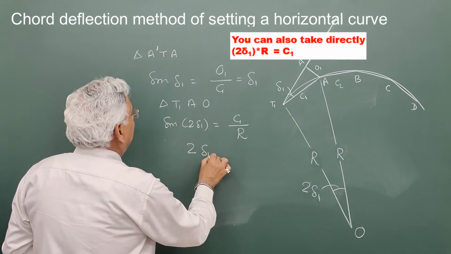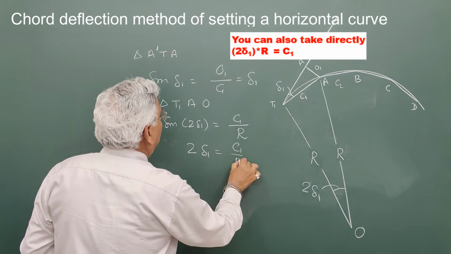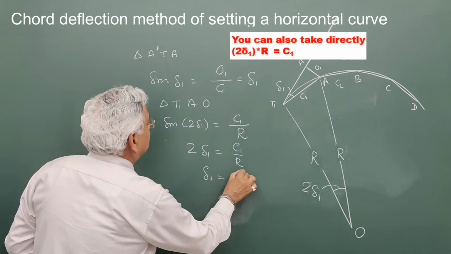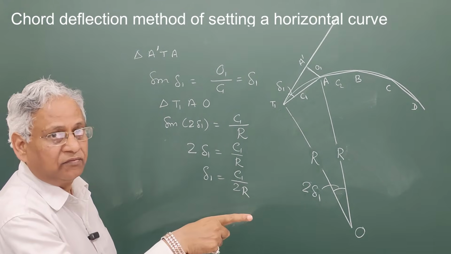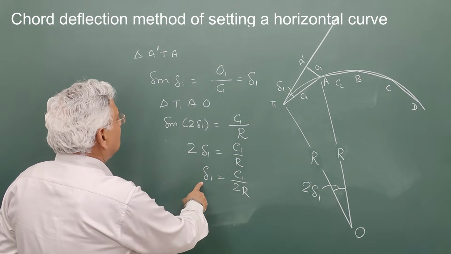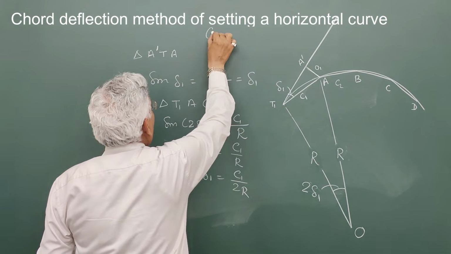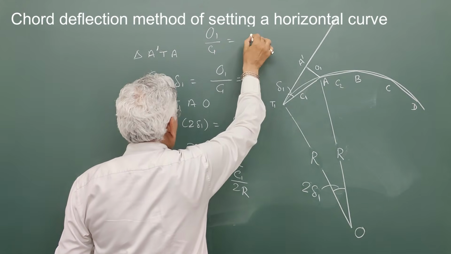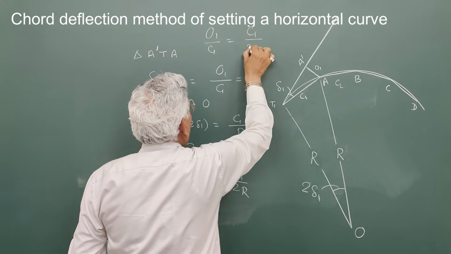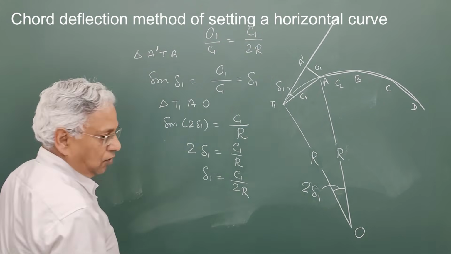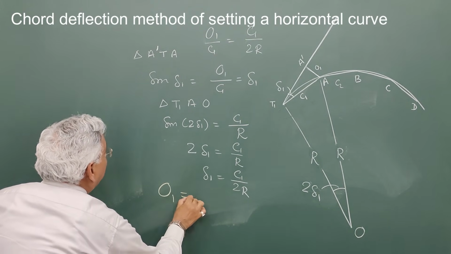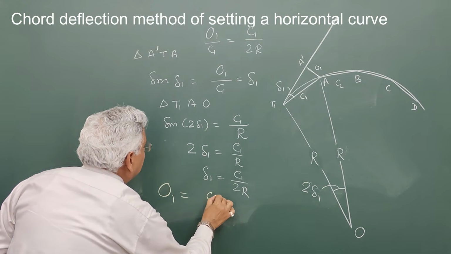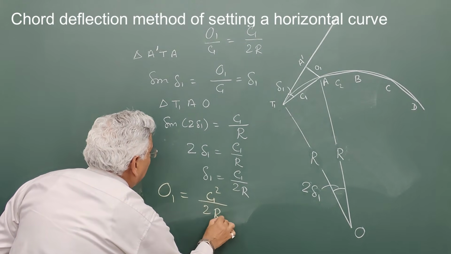So 2 delta 1 is C1 upon R, or delta 1 is C1 upon 2R. Remember C1, the first chord length. Put the value of delta 1 here. So you get O1 upon C1 is equal to C1 upon 2R, or O1, that is the first offset, is C1 square upon 2R.